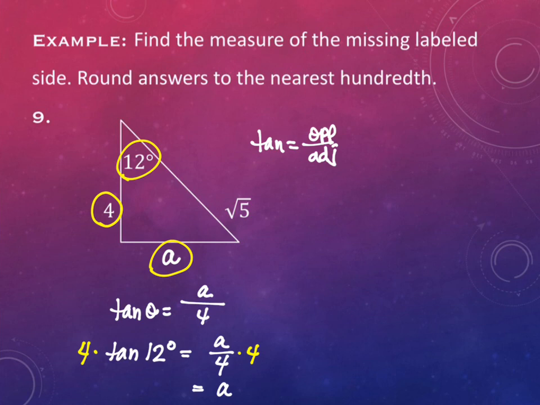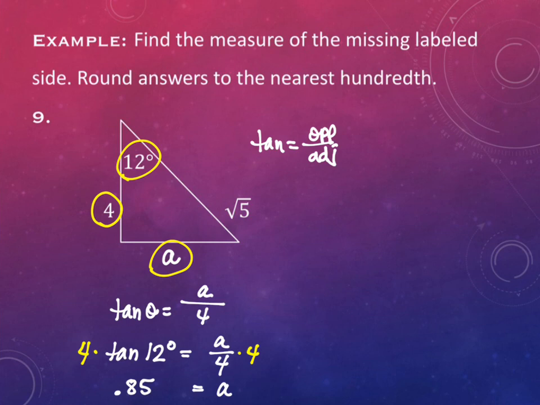What do you get for that one? Did anybody type it in? 4 tangent 12 degrees. 0.85. What is it? 0.85. Mine looks larger than that, but I might have had mine set up wrong too. What did you get?